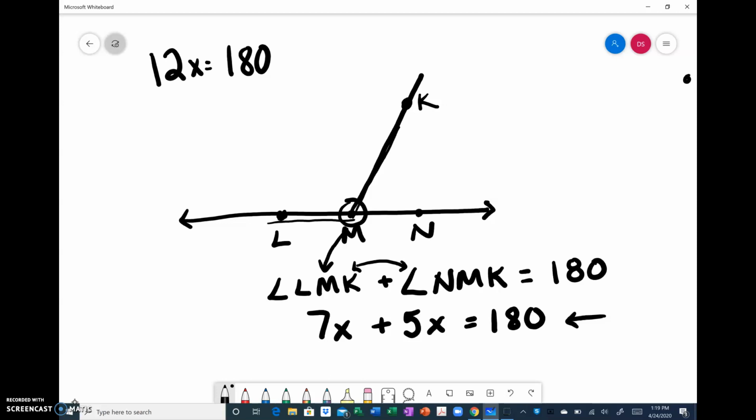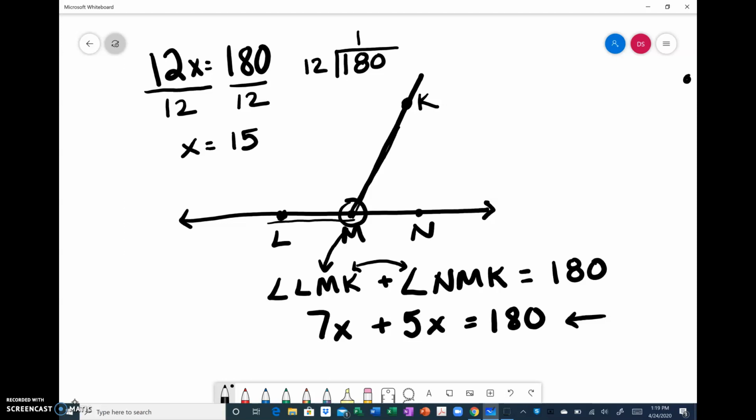And as a review, how do we get x alone in this? Well, we have a coefficient of 12, which is multiplied to the x, so we need to divide both sides by 12. And we will find out that 180 divided by 12 is 15.